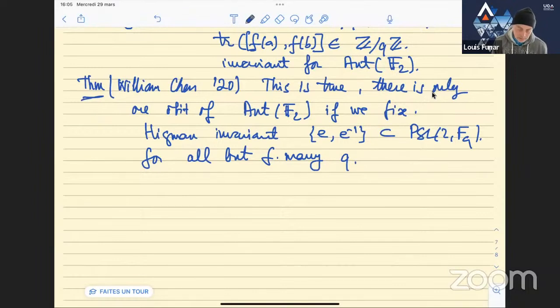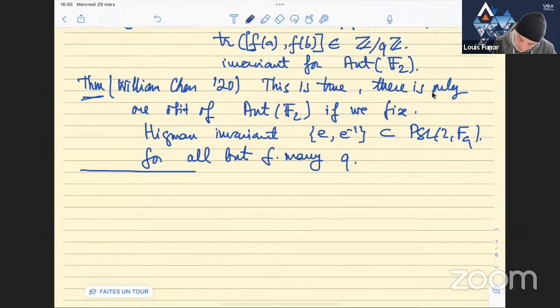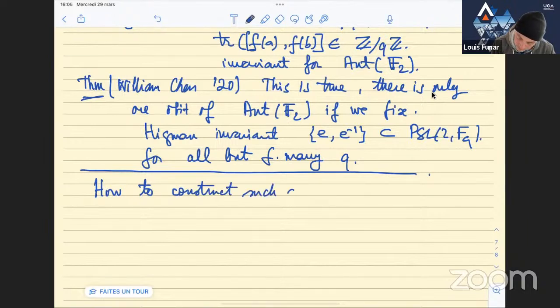Let me do that. How to construct such characteristic quotients.